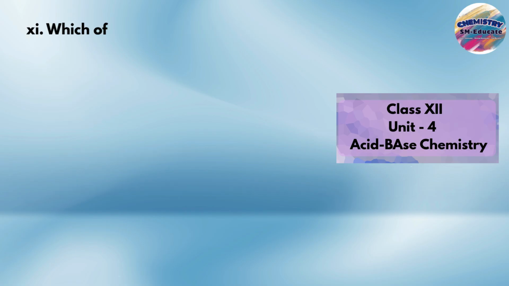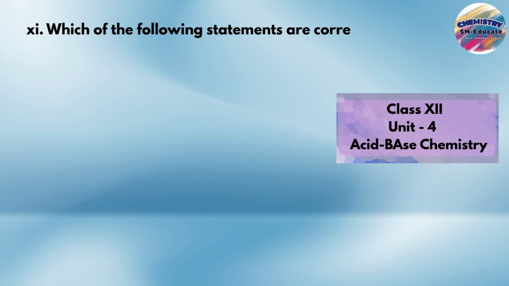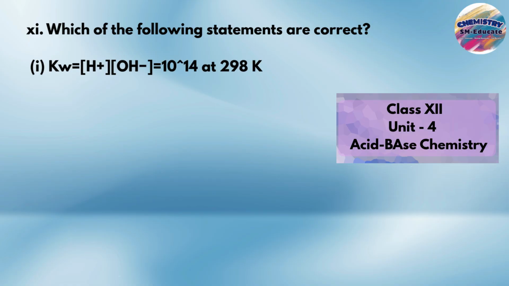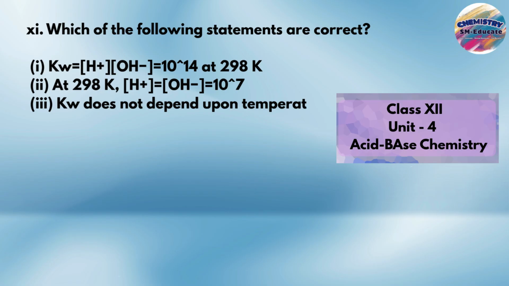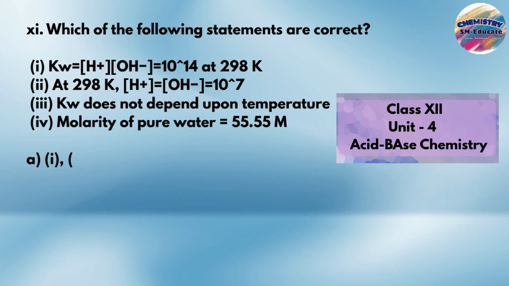Part 11. Which of the following statements are correct? 1. Kw equals H+ times OH- equals 1 into 10 to the power minus 14 at 298 Kelvin. 2. At 298 K, H+ equals OH- equals 1 into 10 to the power minus 7. 3. Kw does not depend upon temperature. 4.